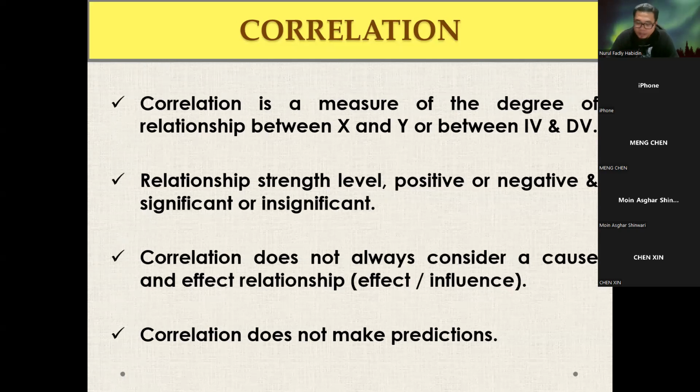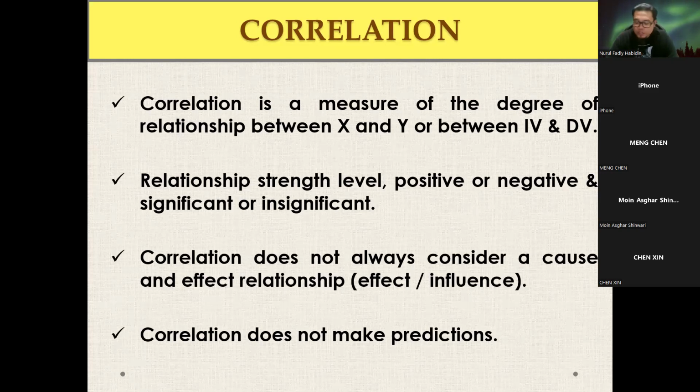So I repeat, if you study correlation, you just know whether the relationship is positive or negative, and whether it is a very strong, moderate, or low relationship. Another thing to support your correlation analysis is significance.